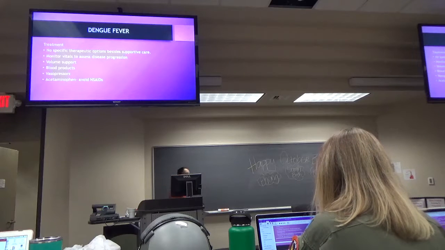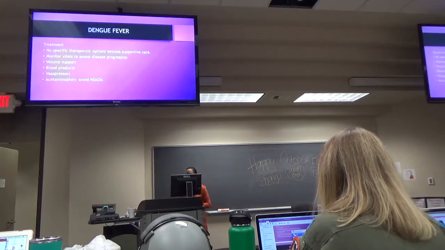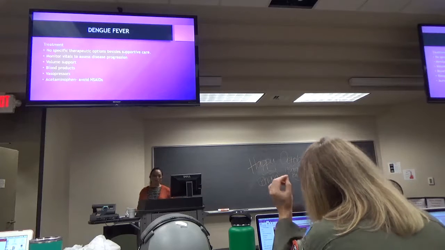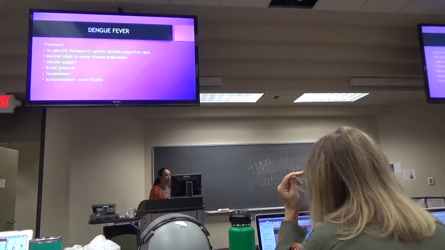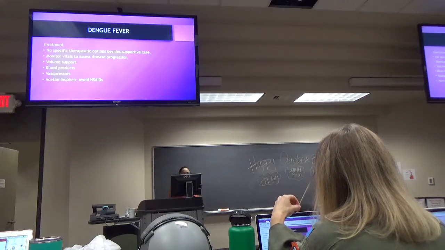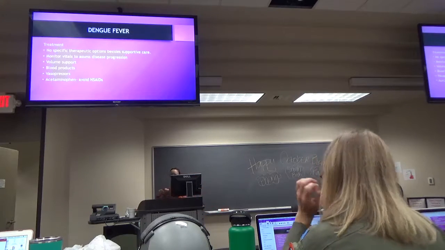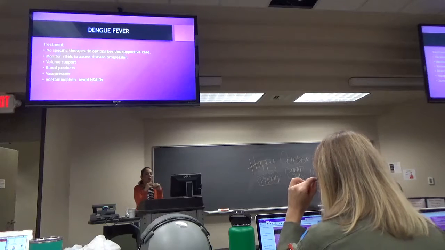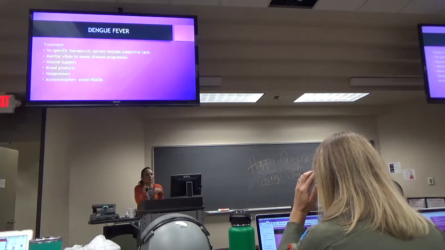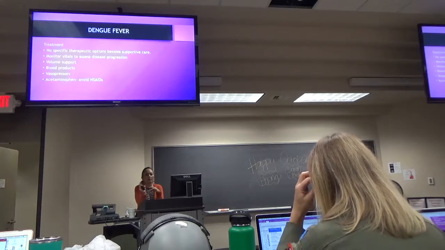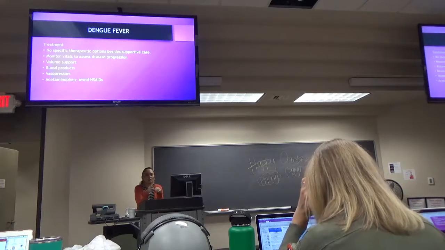Treatment, again, is supportive. There are really no antivirals or vaccinations or anything like that, but you want to monitor their vital signs and blood volume to make sure they don't progress from dengue fever to hemorrhagic fever and then possibly into the shock syndrome.